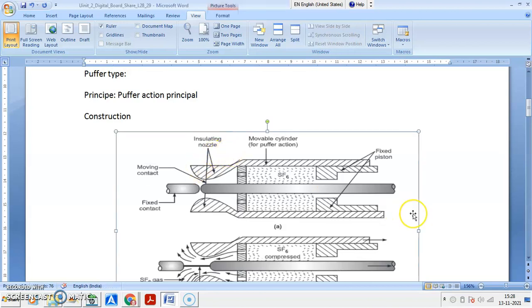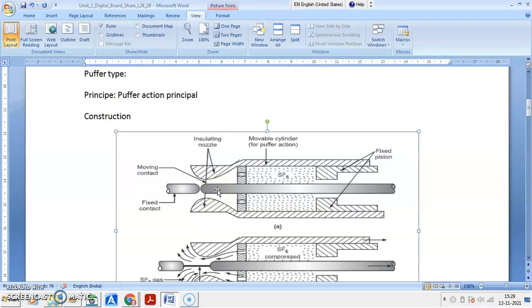So these are the figures you can see. You have the fixed contact and the moving contact. Is the figure visible to you? Fixed contact, moving contact.